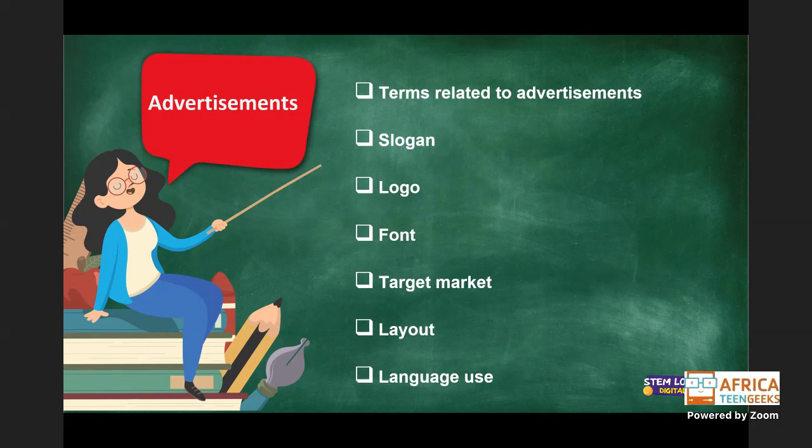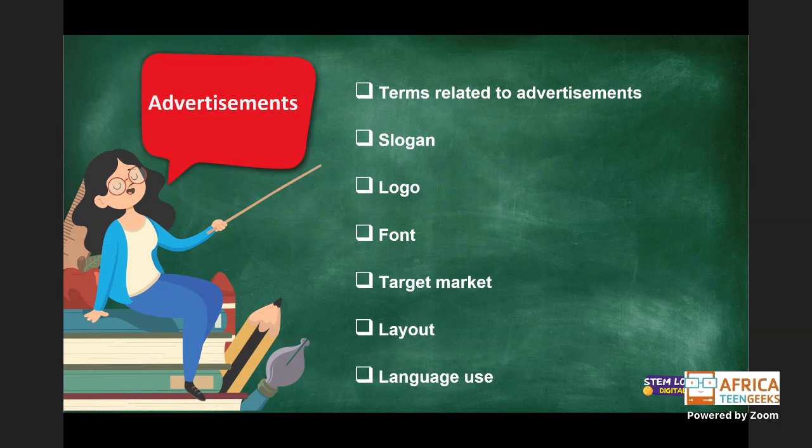Then we have terms that are related to advertisements. For example, a slogan, which would be words that are linked to a product that are easy to remember. For example, licking good. You would remember that one.